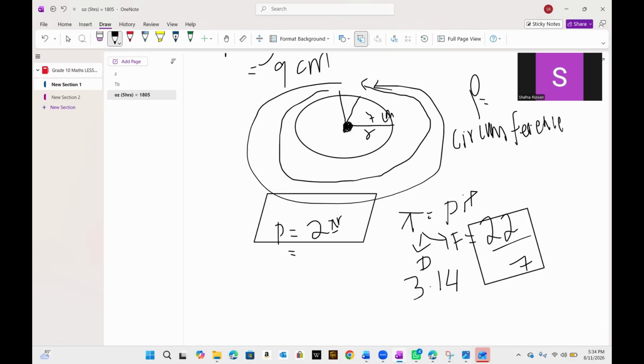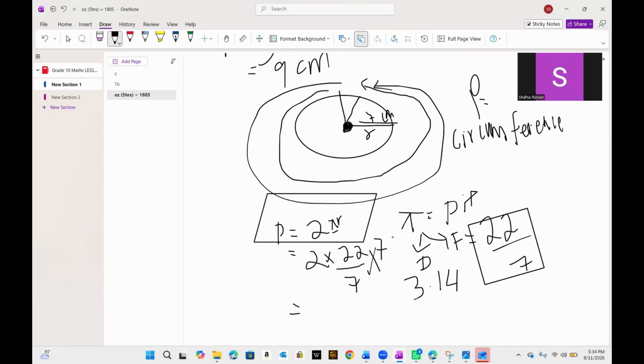For r, you can use the radius, 7 centimeter. R means radius. Now, how to find the perimeter? Put it equals 2 pi r. 2 into how much is pi? 22 over 7, into how much is your radius? 7. Now what can you do? You can cancel it off.